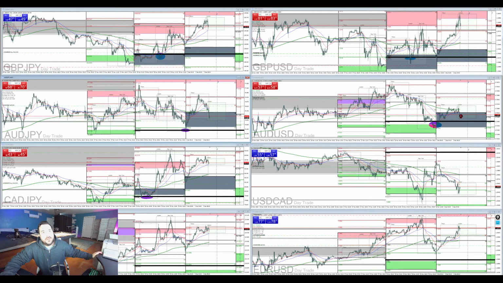Still waiting on. It looked like we were starting to have a little bit of a breakout on the Australian, but it came right back down into it. Still haven't reached target yet on the pound US dollar.